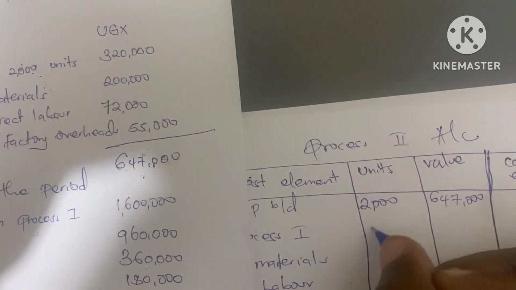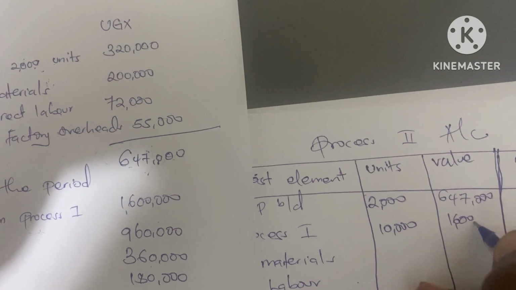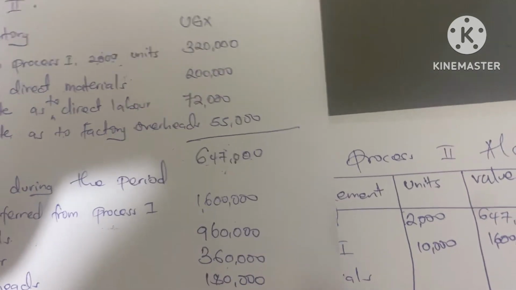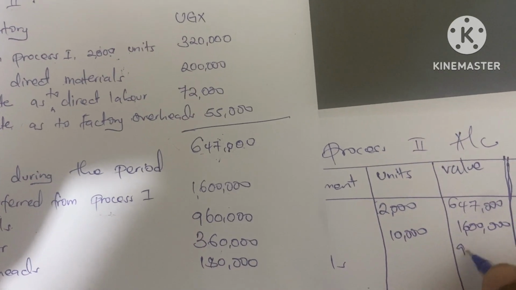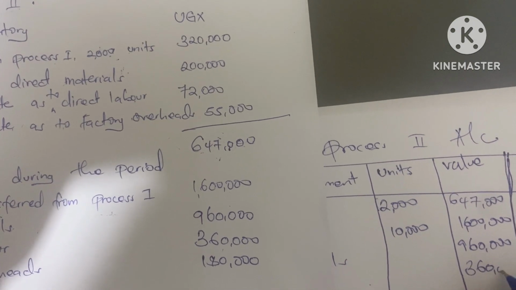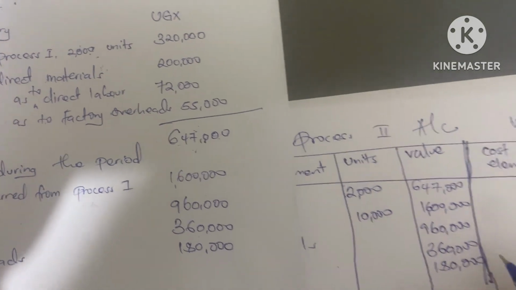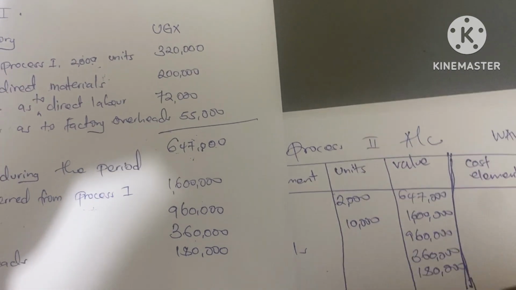So here it's going to be 10,000, here it will be 1.6. For direct materials, 960, 360, 180, like that. You just copy them the way they are.